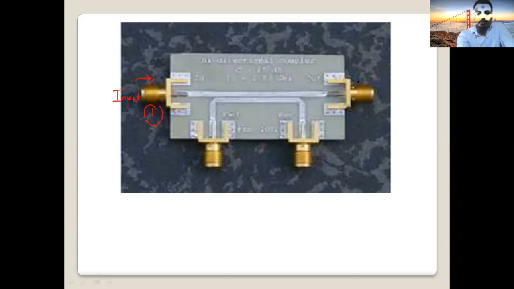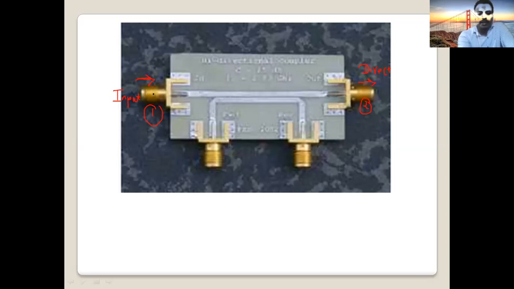Then there is another port here, which is our port number 2, and we call it the direct port.